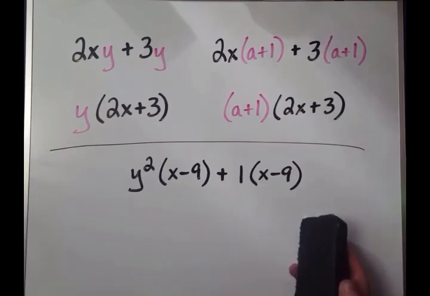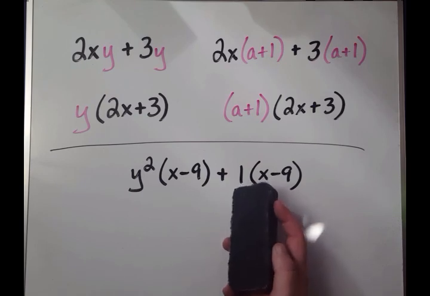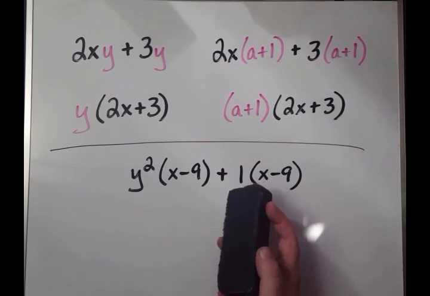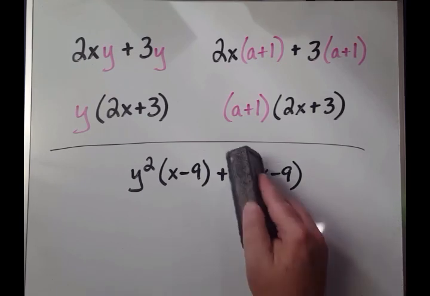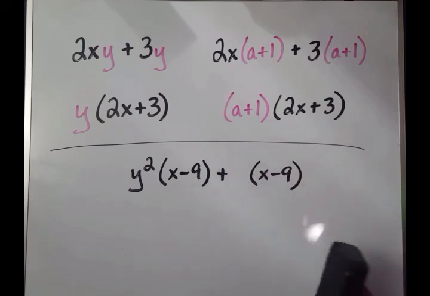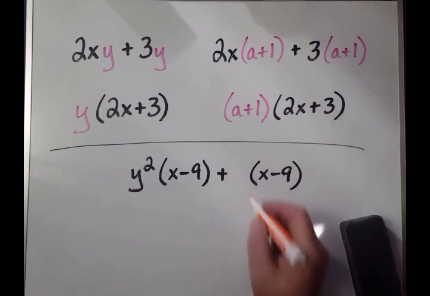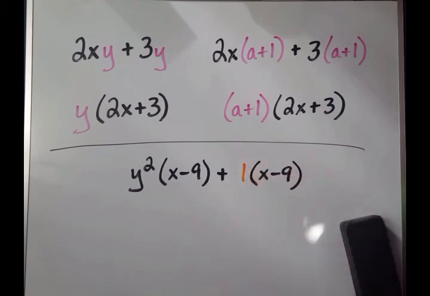The way she presents the problem, she shows a coefficient of 1, a factor of 1 in front of this binomial. I don't think I would. If I were to give you this problem, I wouldn't show you that 1. I would expect you to understand that there's an invisible 1 sitting there if you need it.